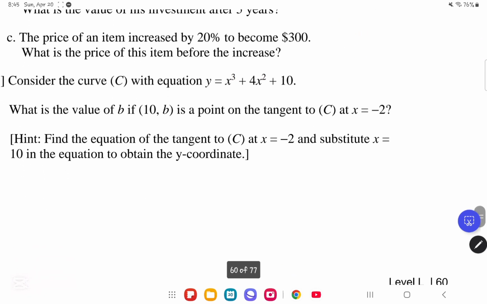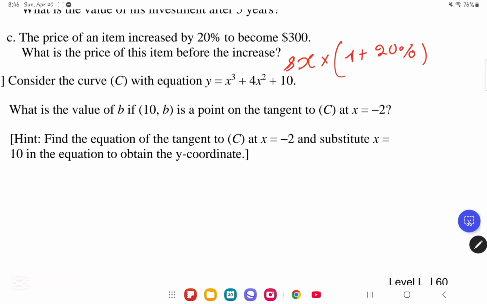In part C, they said the price of an item increased by 20% to become $300. What is the price of this item before the increase? They told us an item of X dollars was multiplied by 1 plus 20%.